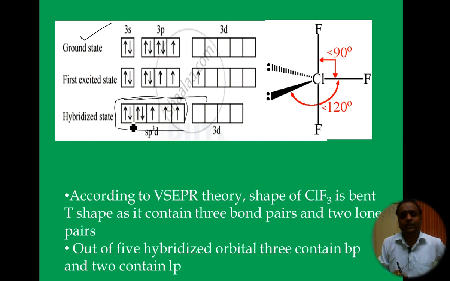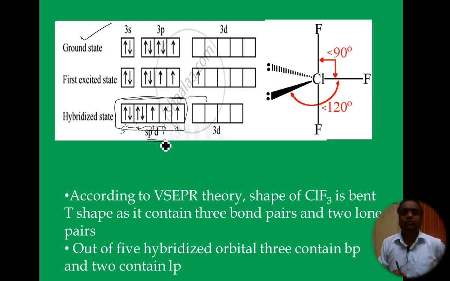So you can see these three orbitals. This is an s, these three orbitals are p, and this is a d orbital, right? So 1 s, 3 p and 1 d. So it is sp3d hybrid orbitals.